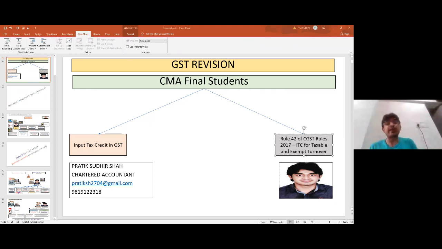Motor car includes bikes, trucks, lorries, tempo, aircraft, ship, helicopter, vessel, everything is included. If I purchase this, whatever GST I paid, I cannot take ITC, even though I'm using it for my business. Yes, there are 5 exceptions which we can take one by one.